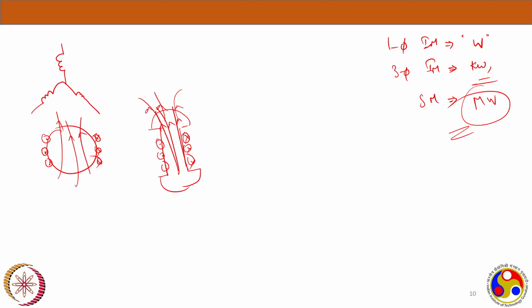But in the case of synchronous machines, the excitation is completely from a separate source. You have a separate DC source, or you can even go for a battery bank, right?